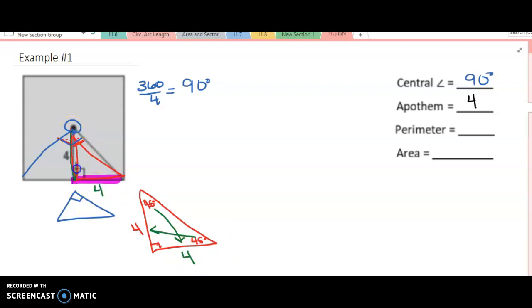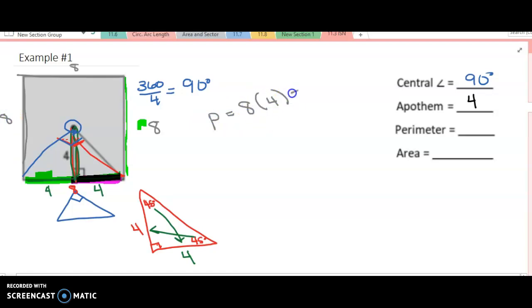Because this bisects the side, this piece has to be 4 as well. So the whole side length is 8, which means each side is 8. The perimeter is just 8 times 4, which is 32.